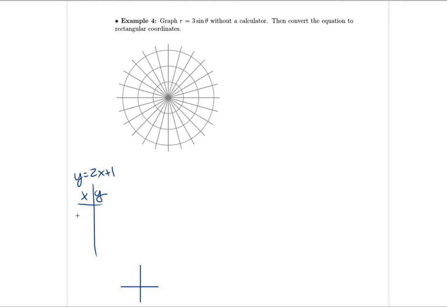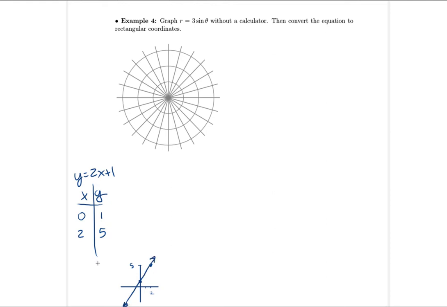So if I plugged in a 0, I knew that y would equal 1. So that told me to go x equals 0, y equals 1, and put a dot. When x is equal to 2, y would equal 5. So then I would go over 2 and up 5, and I'd put a dot. And you would figure out by placing all these dots, based on this table you made, what the graph had to look like.